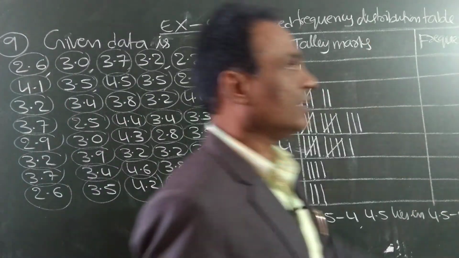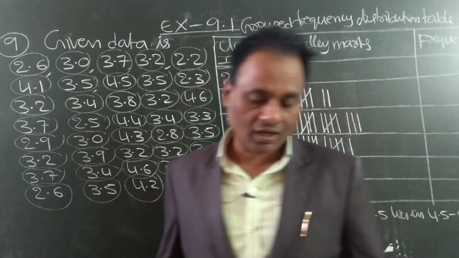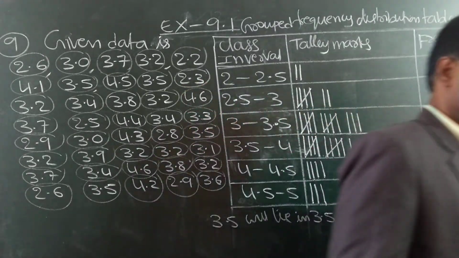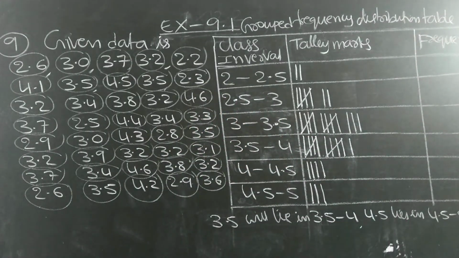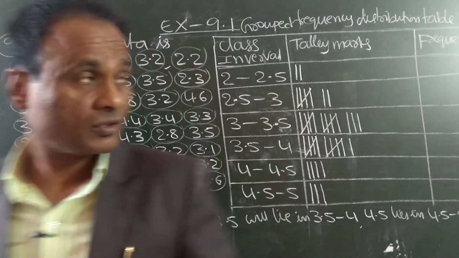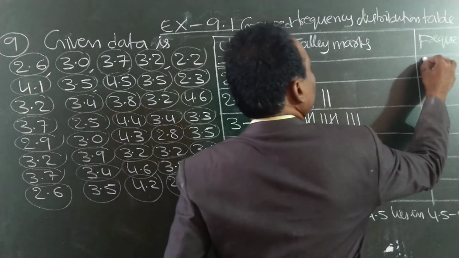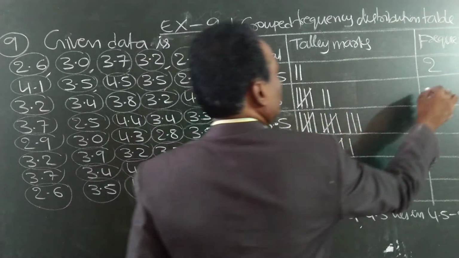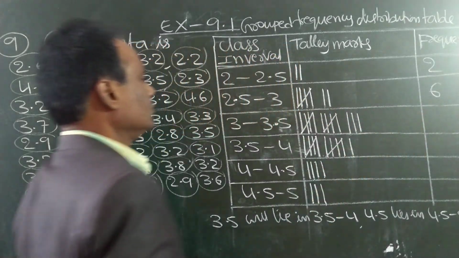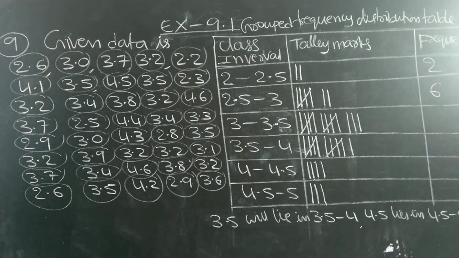Count and write that. That is the problem. Complete it. Total how many? 26. Next.